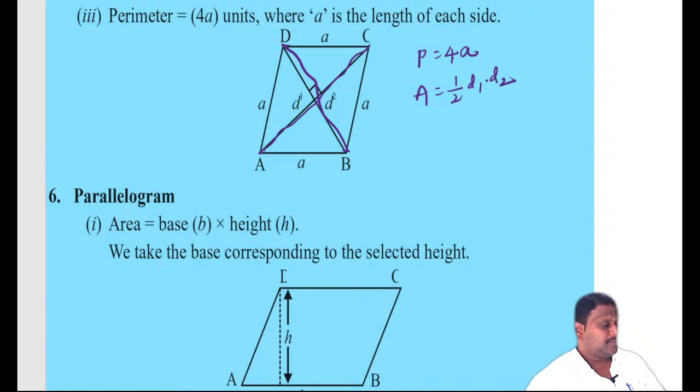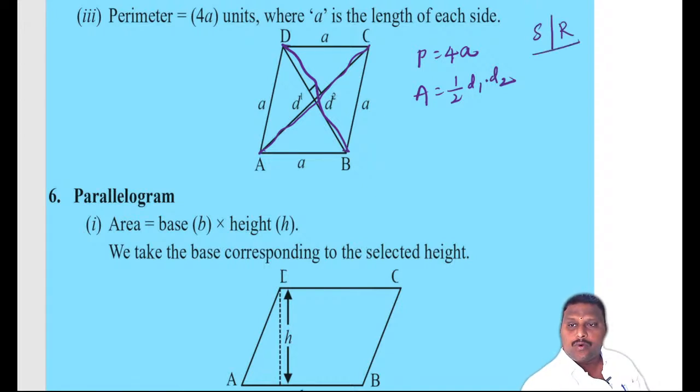Is it clear? Right. Next, the parallelogram. Square and rhombus are one type. Rectangle and parallelogram are both one type.